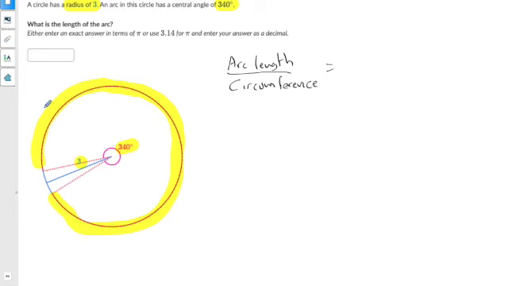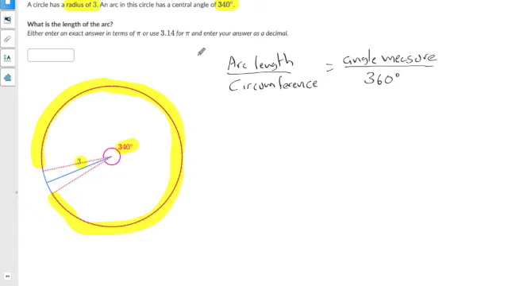And the whole circle is 360 degrees. So that would be the angle measure divided by the circle measure, but I'm going to put 360 degrees here because that's always 360 degrees. So this is a formula we're going to use.